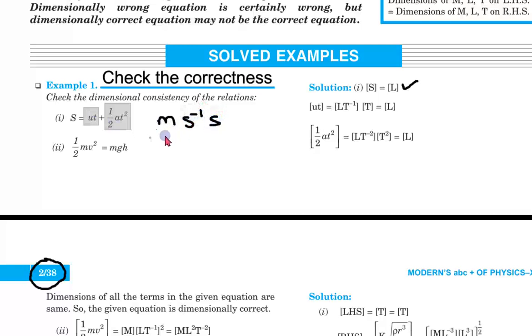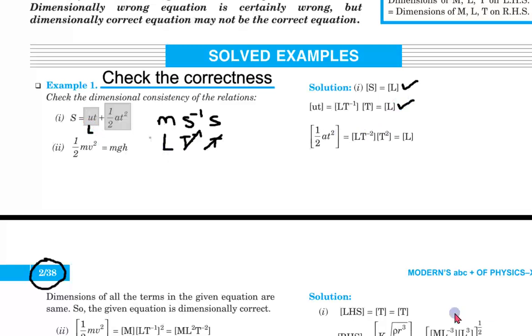So in dimension, meter is length, second is time, this also is time, then this and this can cancel, and I have L here. L, as here it's L.